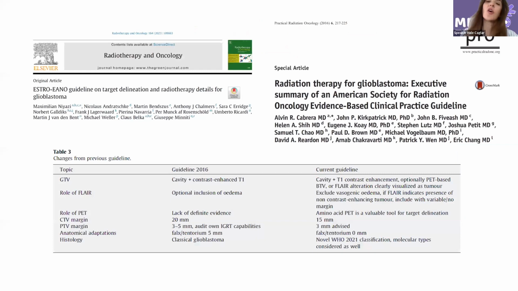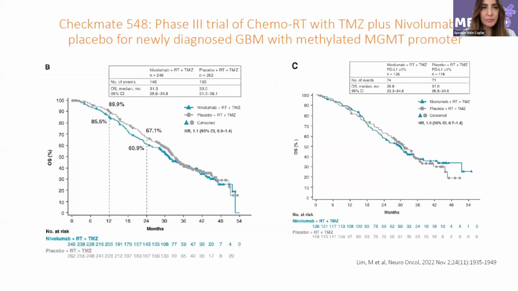The standard contouring and planning guidelines for glioblastomas were published both by ASTRO and EANO very recently. It gives information about how to do the contouring and some critical structure dosimetry as well.